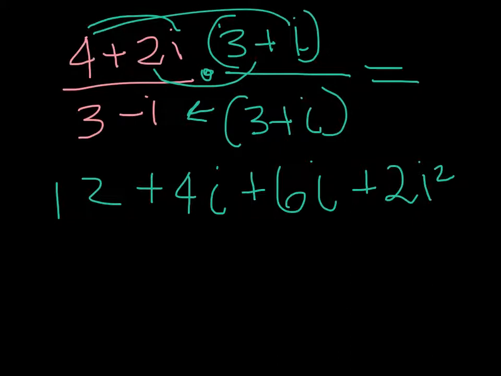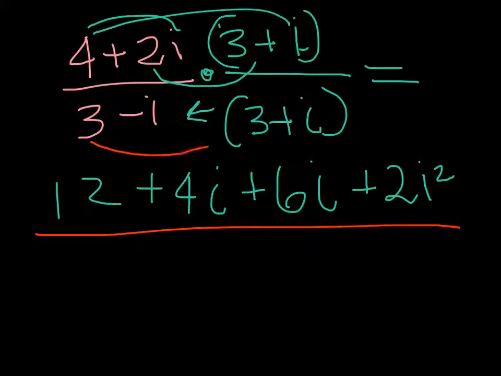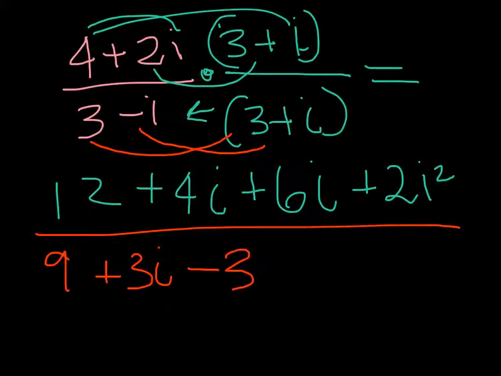Now we do the same thing for the bottom, and we're going to have 3 times 3, which is 9, 3 times i, which is positive 3i, and we're going to do negative i times 3, which is negative 3i, and then we're going to have a negative i squared.